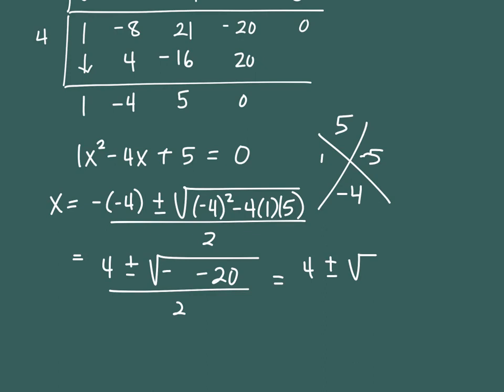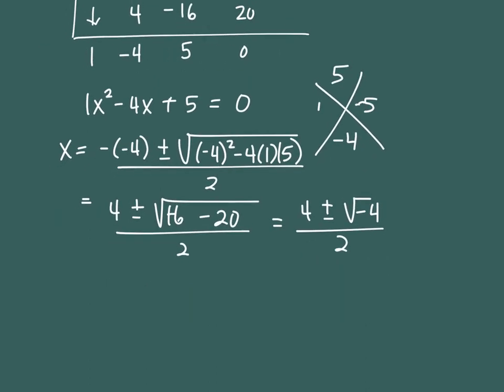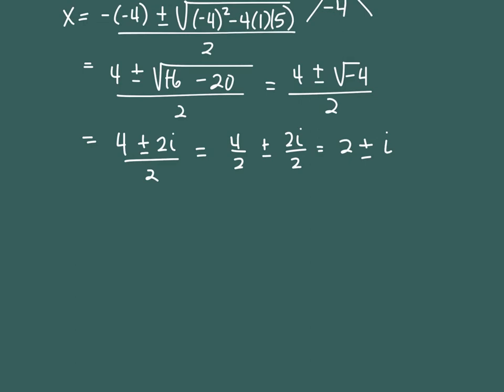That's what I was thinking. I'm going to get 4 plus or minus the square root of -4 over 2, which is going to be an imaginary. So I'm going to have 4 plus or minus 2i over 2. So separate it so that you can reduce 4 over 2 and 2i over 2, which gives me 2 plus or minus i. So my answers ended up to be imaginary.